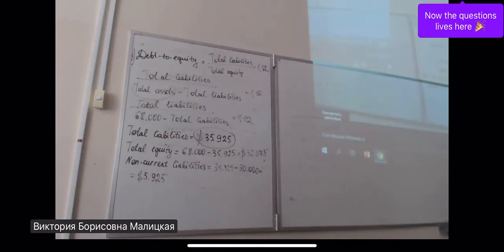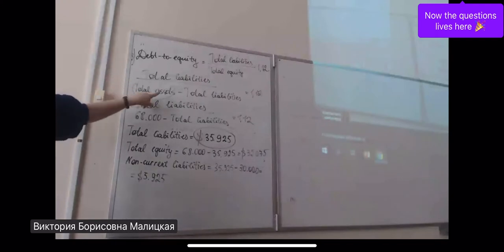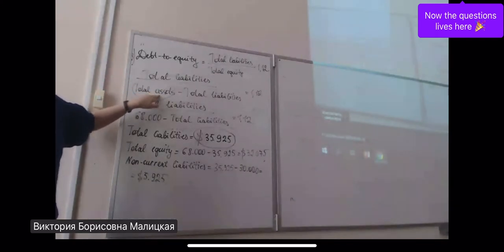When we wrote down the system of equations, we expressed our sales through total assets, and we calculated total assets, and they were 68,000. And based on the balance sheet equation, we know that total assets are the same as equity plus liabilities.